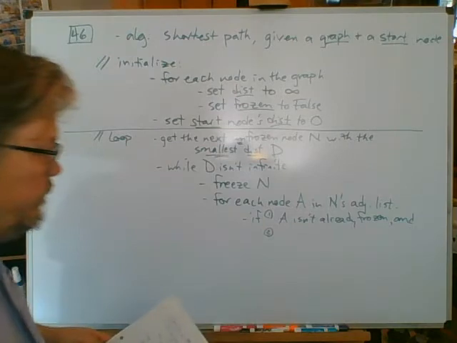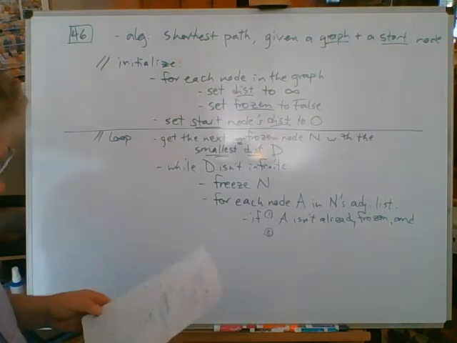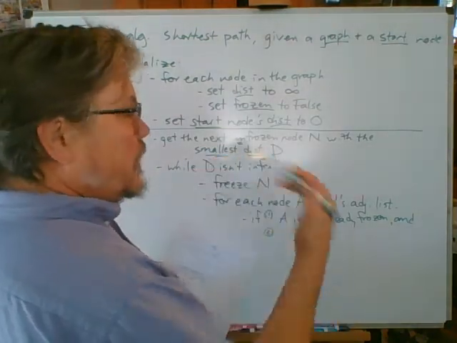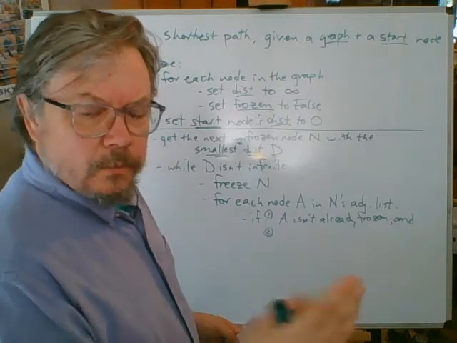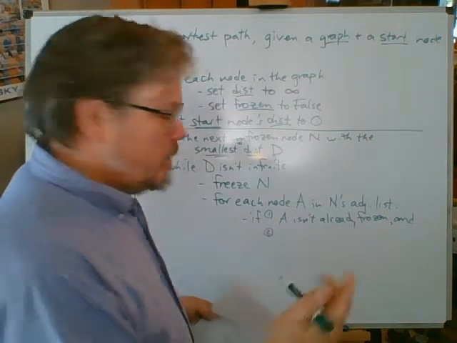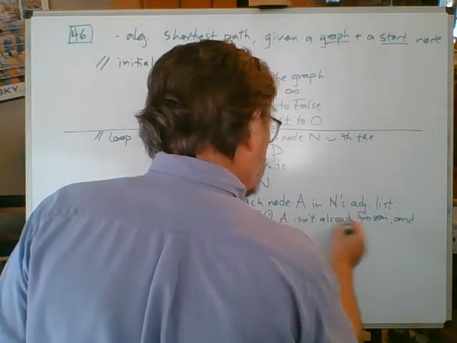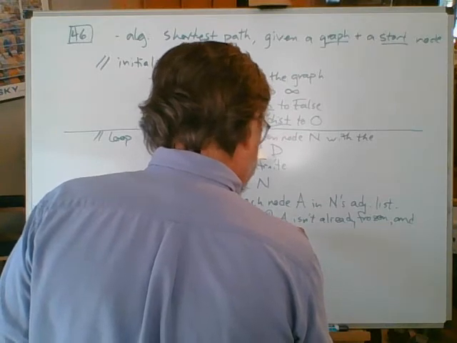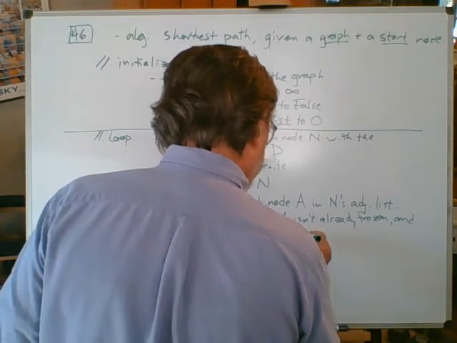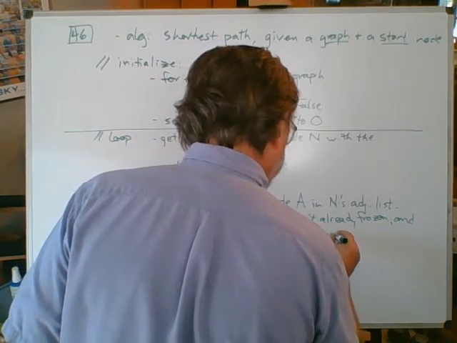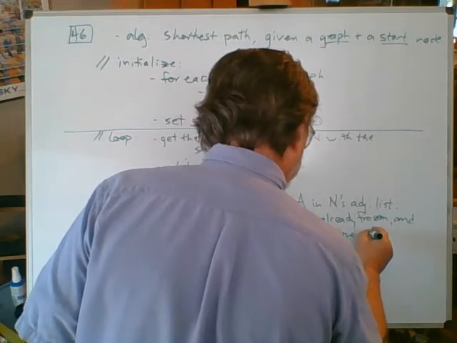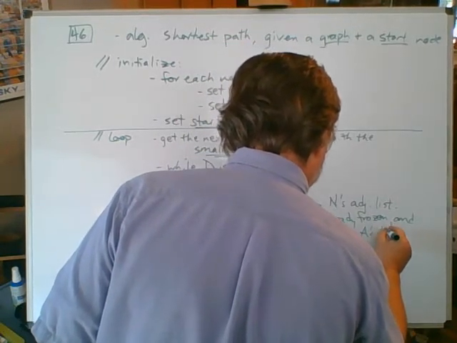Two-part condition here. If A isn't already frozen, and if we can improve A's distance, we can offer it a better distance to the start than it already knows about. A isn't already frozen, and we can improve A's distance.